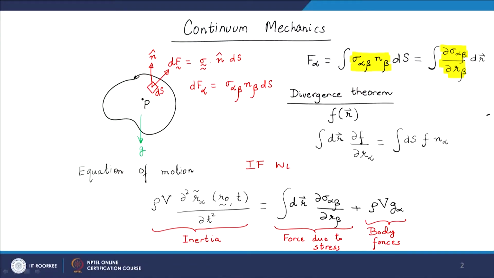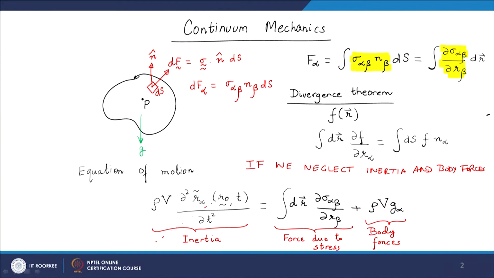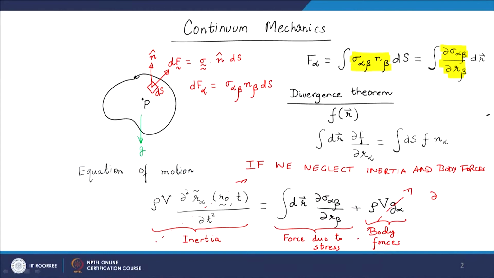So, if we neglect inertia and body forces, another way of saying that is the inertia and body forces are smaller in comparison to the forces because of stress, then we can drop this term and that term, and then if I use the idea that the volume is small over which I am doing this integration, what I can write is the integrand is equal to 0.